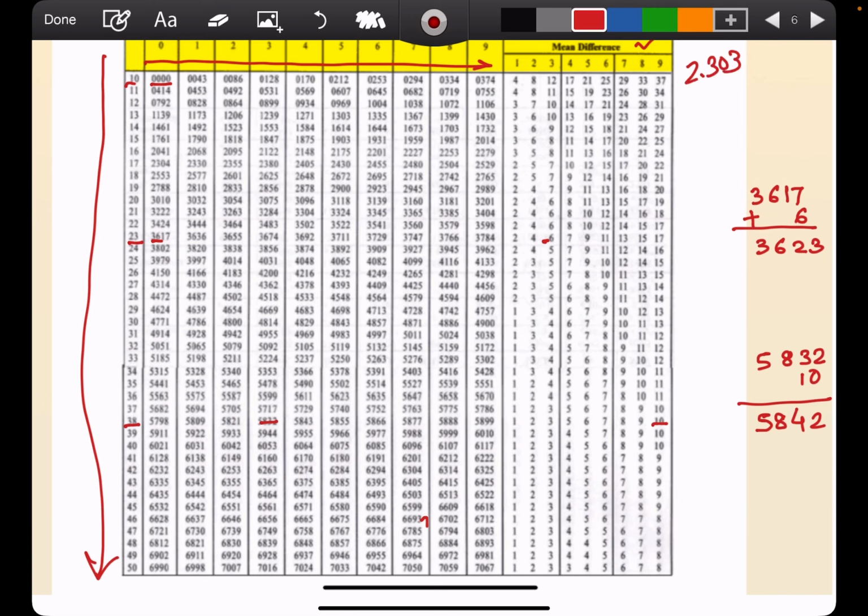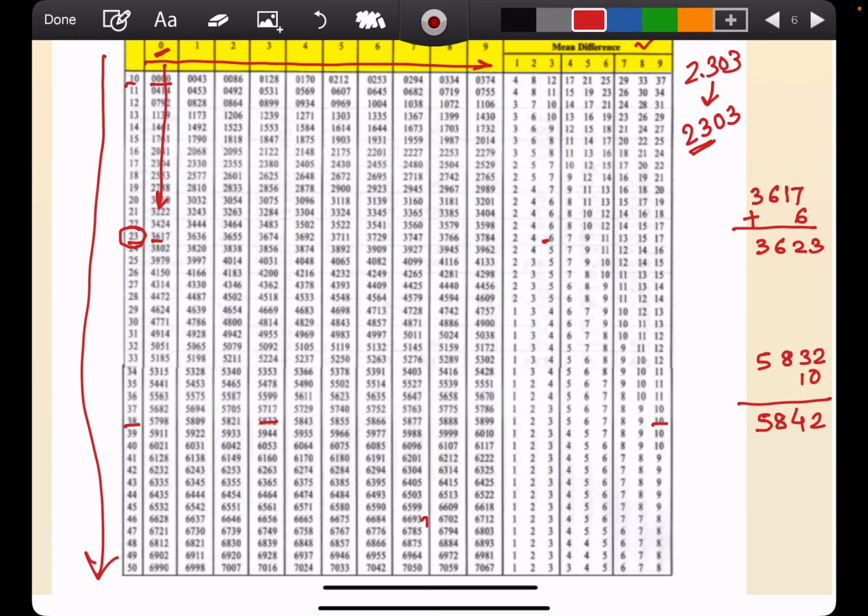2.303. What I do is rewrite it without the decimal, 2303, and then first I take the first two digits. I locate it over here, so this is 23. Then the third digit I locate over here, which is 0, and the corresponding value I get from this.